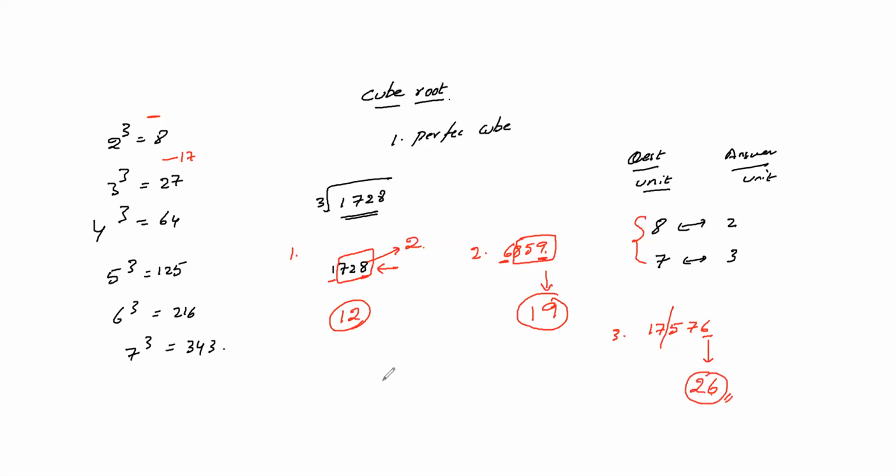I'll give some more examples. Please try them. The fourth question is 438976. The fifth question is 274625.